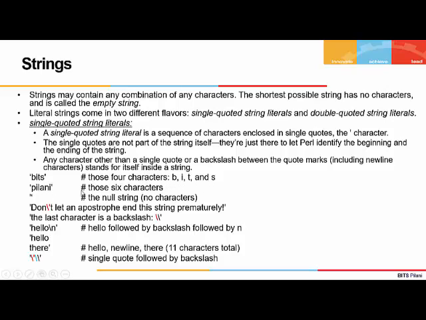And the Pilani, for example, has six different characters. And here it's null, there is no character. And with don't, the single quote is inside, so don't let an apostrophe end the single quoted string prematurely.